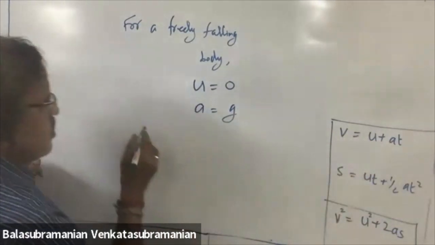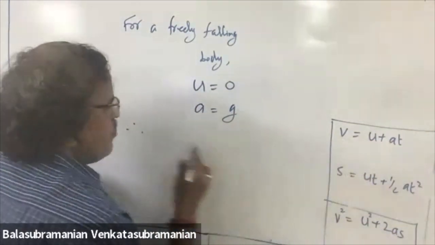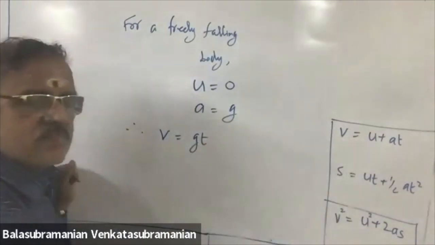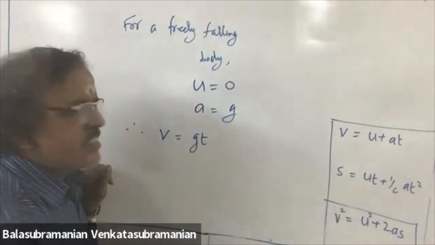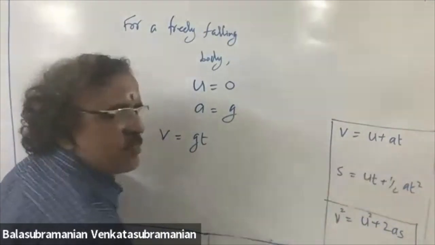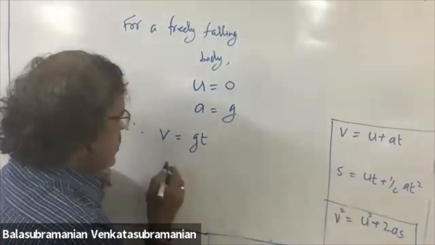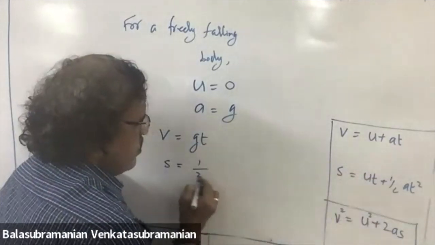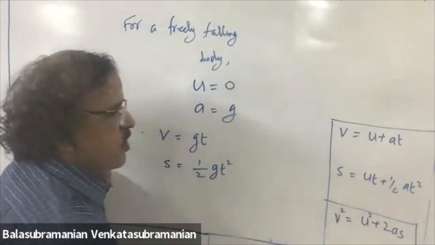Substitute. Therefore, first equation, v is equal to gt, with initial velocity 0 and a replaced by g. Second equation, s is equal to half gt square, since u becomes 0.